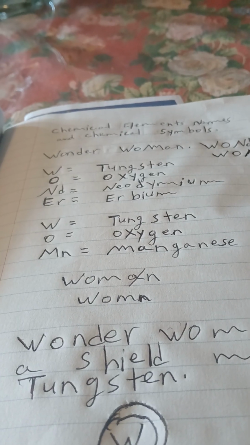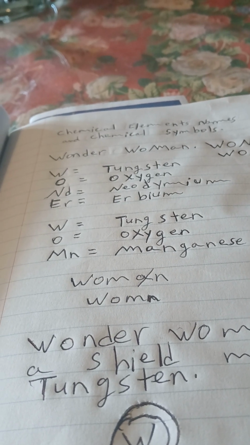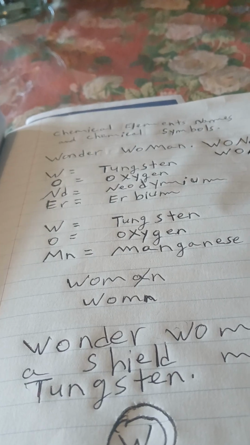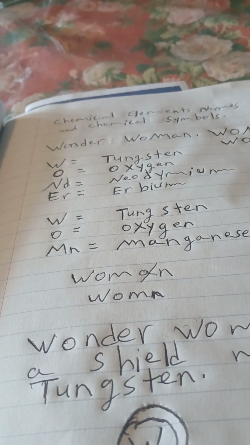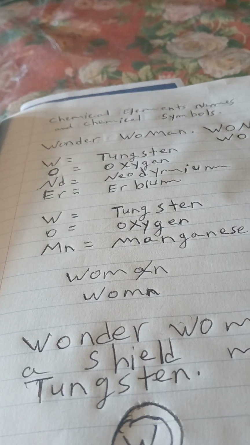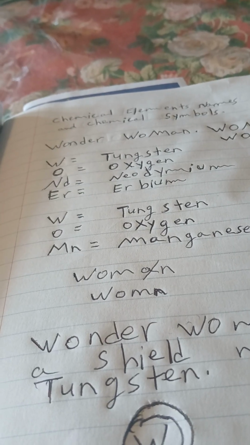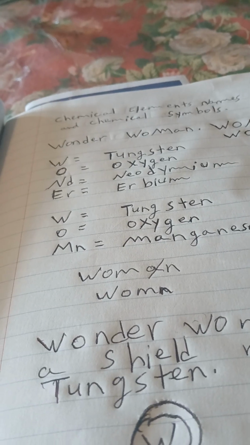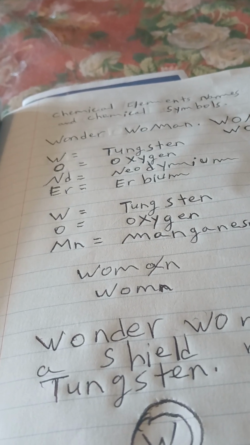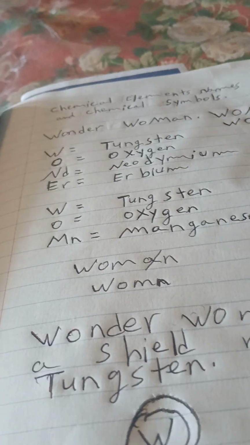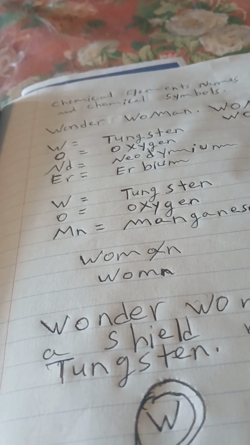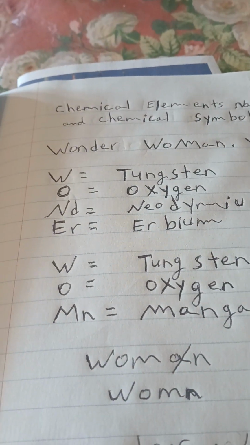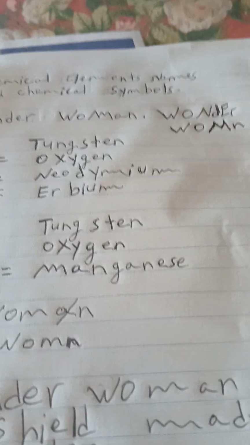You got 7 chemical symbols that you can remember. It's not something right away. Just remember Wonder Woman. Just like in my other video, you remember Batman, Superman, and all these other things. Same way. Okay, so Wonder Woman has 7 chemical symbols, and there you go.